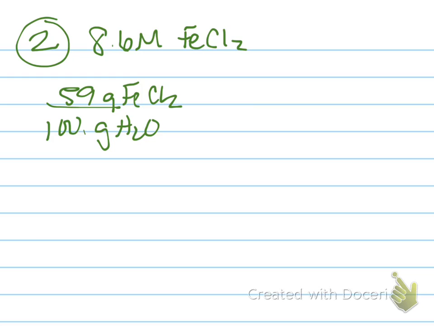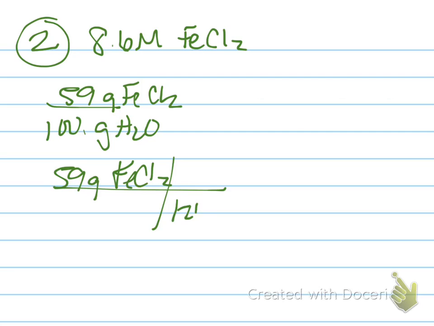So let's figure out how many moles of iron 2 chloride that is. Let's figure out the molarity of just 100 milliliters of that solution. And then we can compare that to the 8.6. Okay, so 59 grams iron 2 chloride, and the molar mass of iron 2 chloride is 126.75 grams per mole.